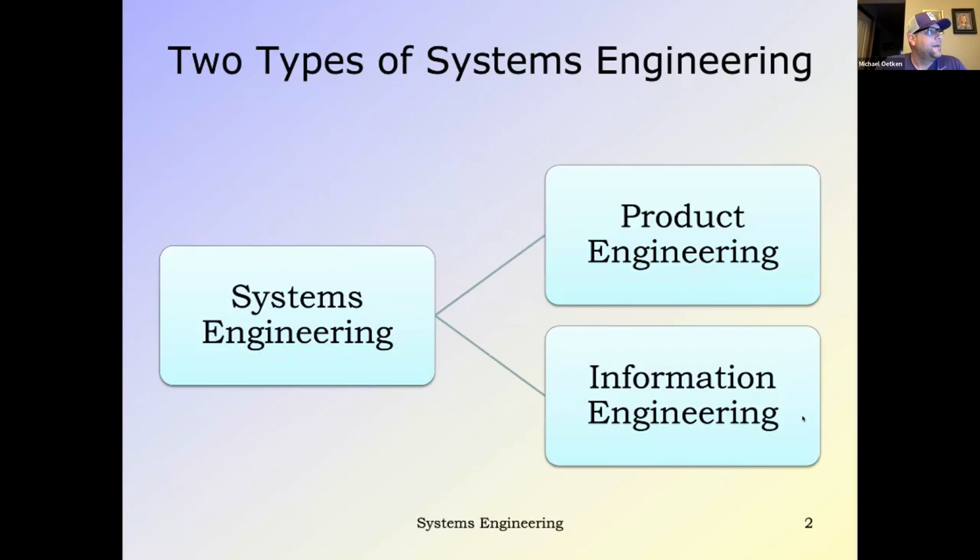There are basically two types of systems engineering: product engineering, which is focused specifically on the product, and information engineering, which is the backbone of a lot of businesses, their web presence, and any other IT-related systems that are in place in order for that business to succeed.